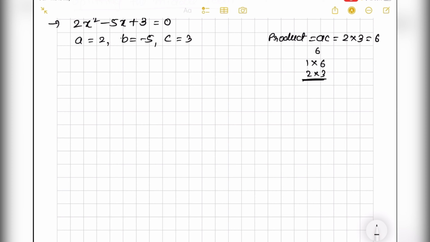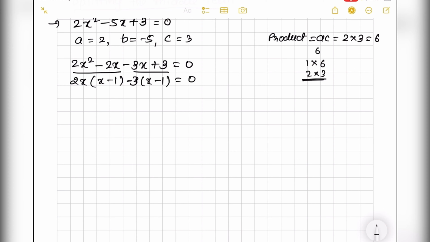But here I want minus 5, so I can take both as minus. So 2x square minus 2x minus 3x plus 3 equal to 0. From the first two terms I am taking 2x common, so x minus 1. From the second two terms I am taking minus 3 common, so x minus 1 equal to 0. Now x minus 1 I am taking common, so 2x minus 3 equal to 0.